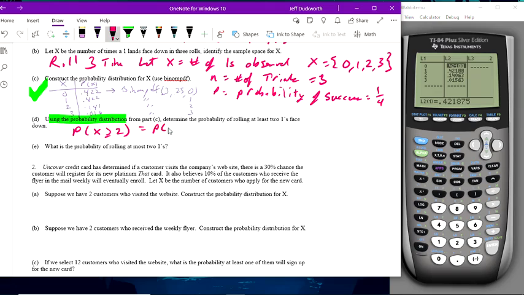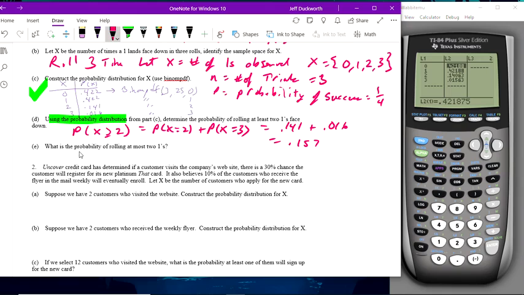Well, that equals probability that x equals 2 plus the probability that x equals 3. You could also run the binomial for this if you wanted to, but this one specifically says use your distribution. So that's 0.141 plus 0.016, which I think is 0.157.